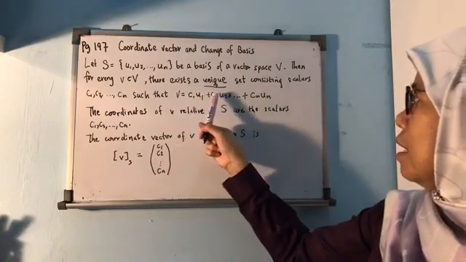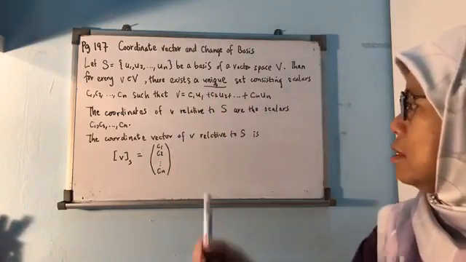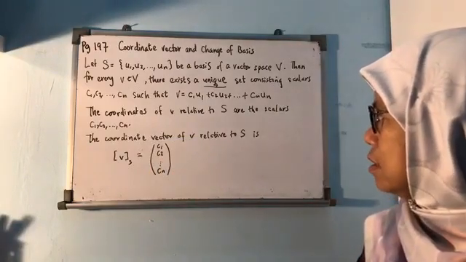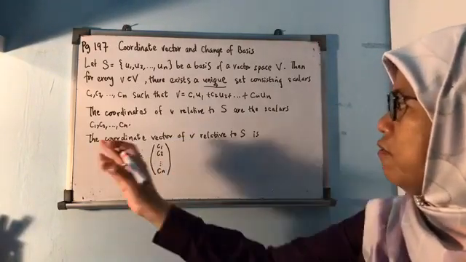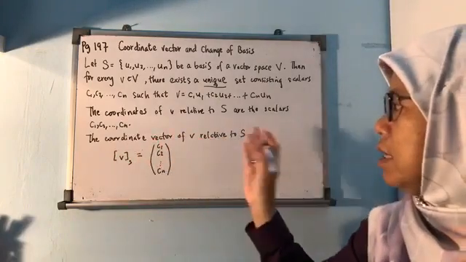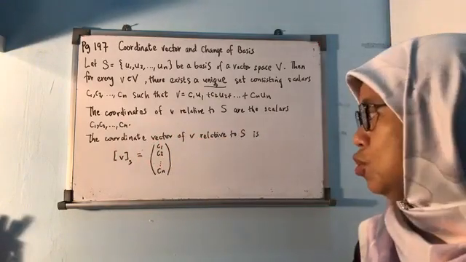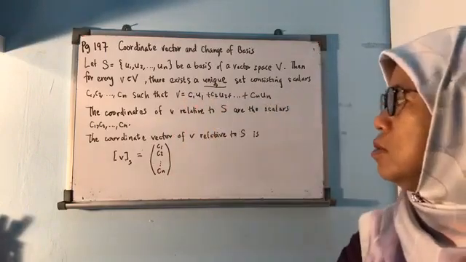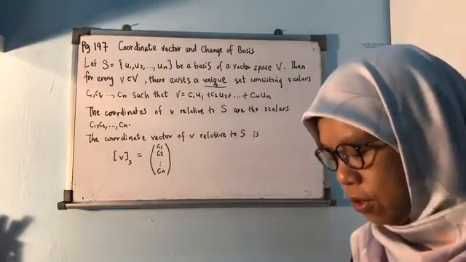So you just collect all the c's and write them as a column. This is the coordinate vector of v relative to S. The question would be, find the coordinate vector of v relative to S. So what you should do is write v equals the linear combination and solve for c.